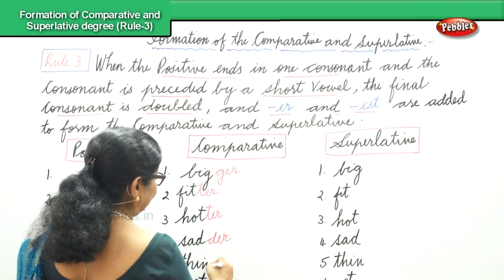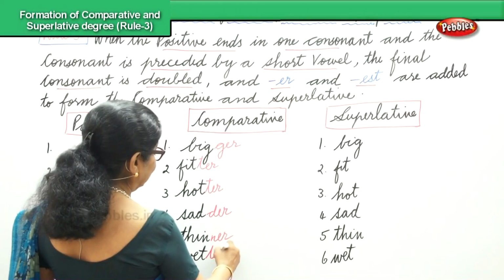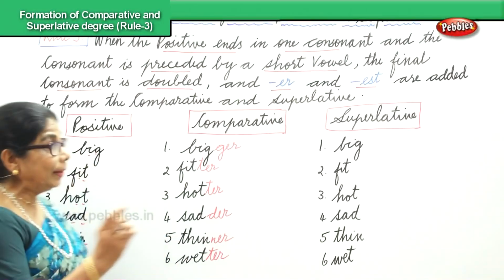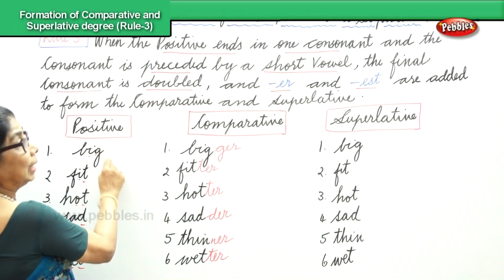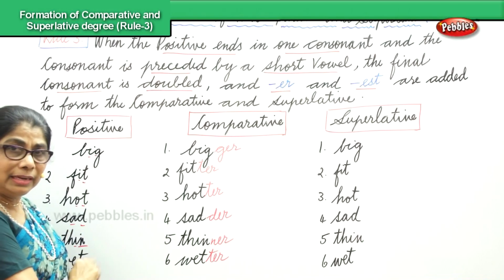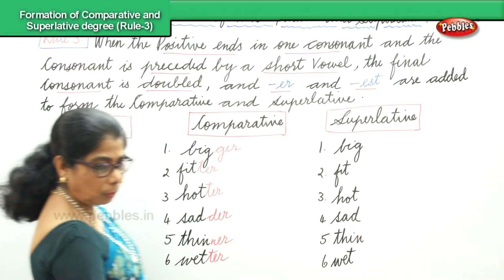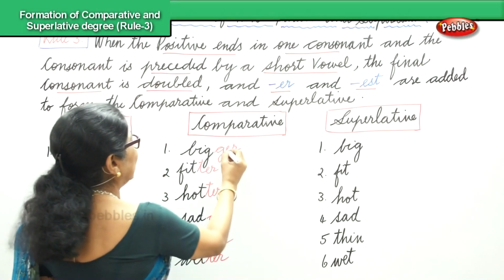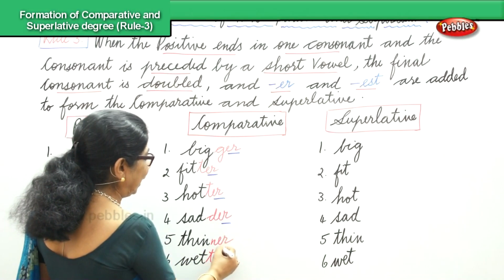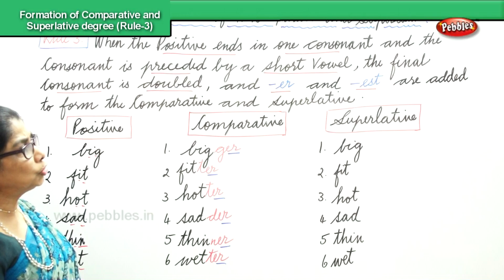Sadder. Thinner. Wetter. What have we done? We doubled the consonant and added ER, and then we get the comparative.